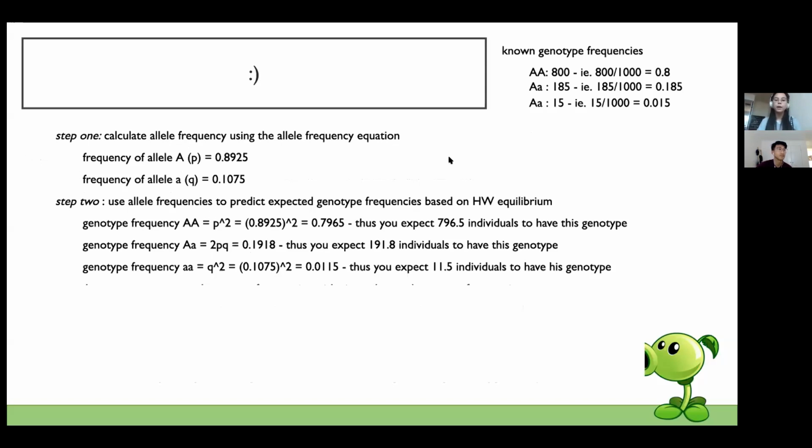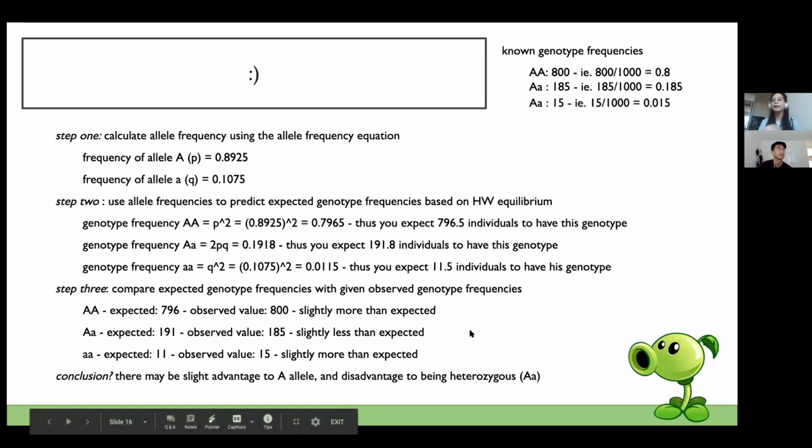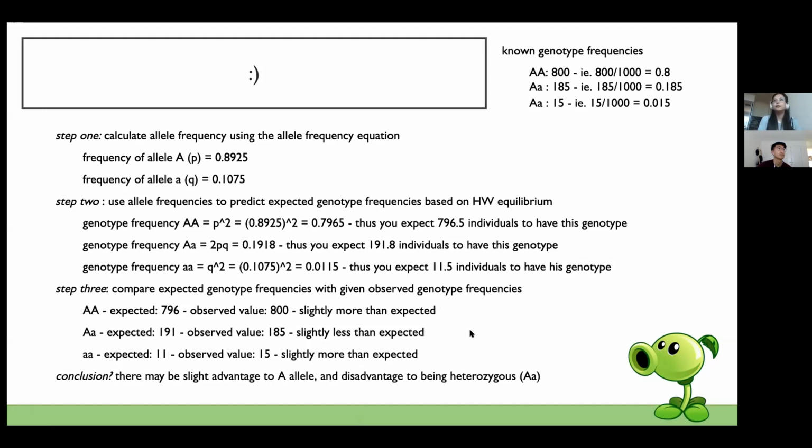And with those genotype frequencies that you've calculated and are expecting, you compare that to the actual observed genotype frequencies and see whether they match or not. And then you can use that to speculate as to whether there are factors that are affecting the population and what those factors might be.